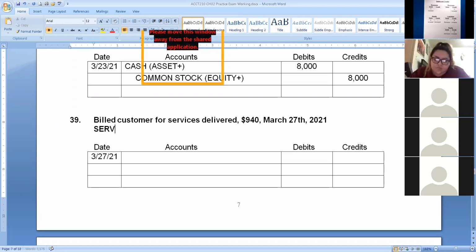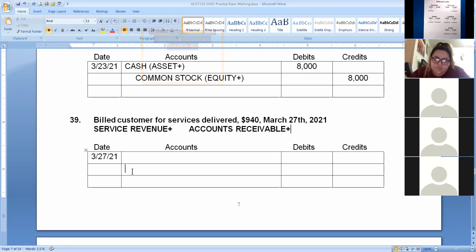Yeah, perfect. So service revenue is going up and accounts receivable is also going up. Nice thing about revenue, it's a credit.